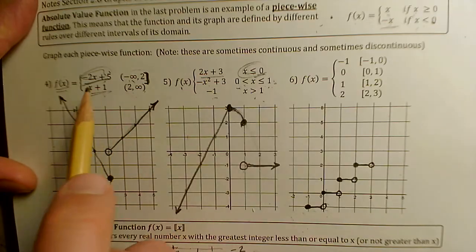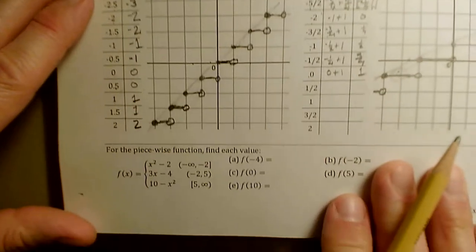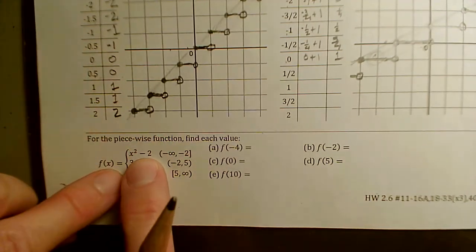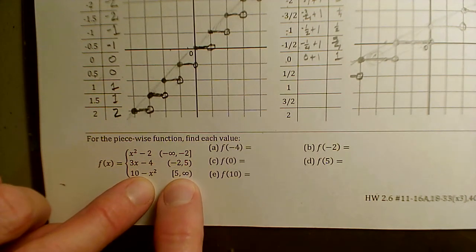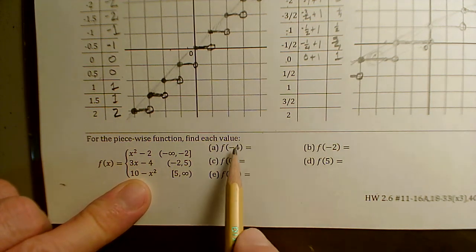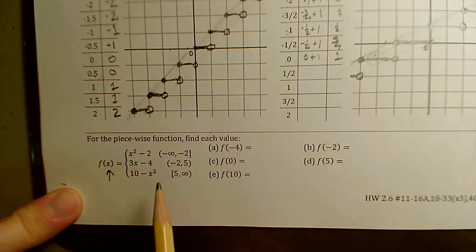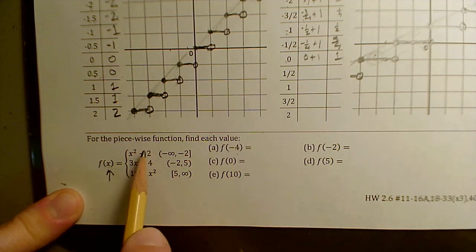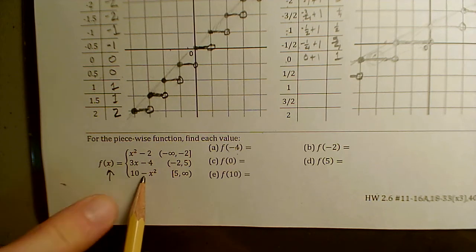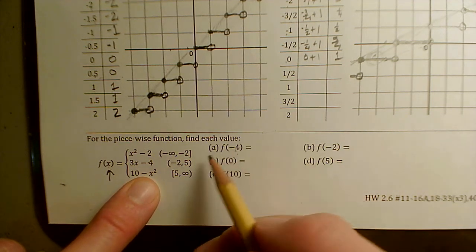So here, up on 4, 5, and 6, they gave us the piecewise function, asked us to graph it. Now we're giving you the function again with its related domain and asking for particular values. So f of -4. I'm going to plug that -4 into my function, but which one of these do I plug it into? Well, I have to look and see where this x value of -4 is.